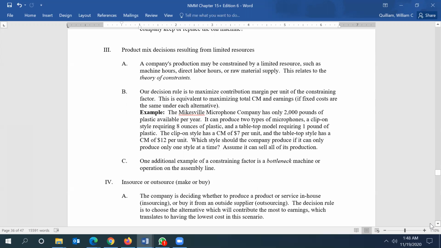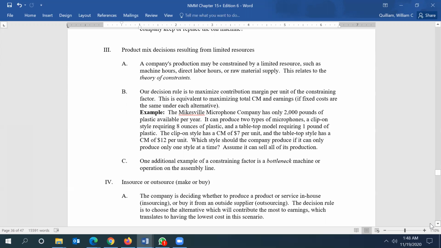But this is going to relate to the theory of constraints. Theory of constraints says we must max out in terms of profitability on that limited resource, because that limited resource controls just how many units we can produce on our assembly line. We cannot produce any more than the limited resource.